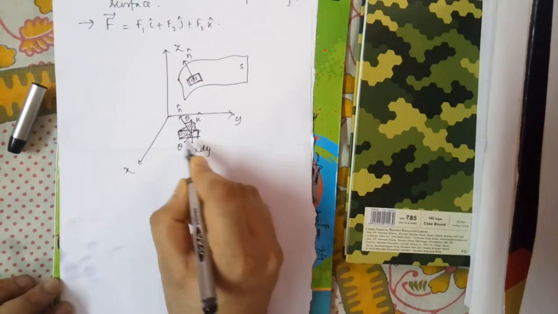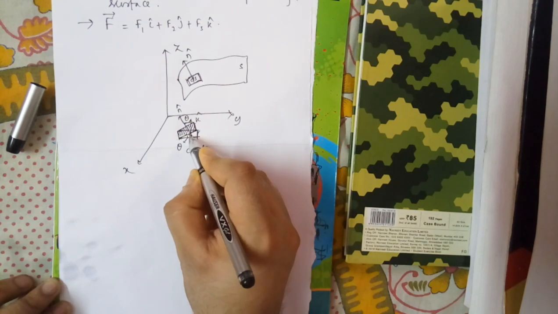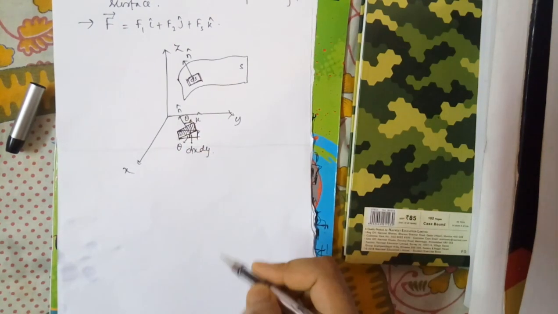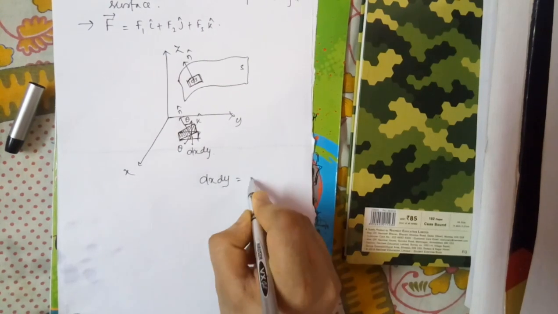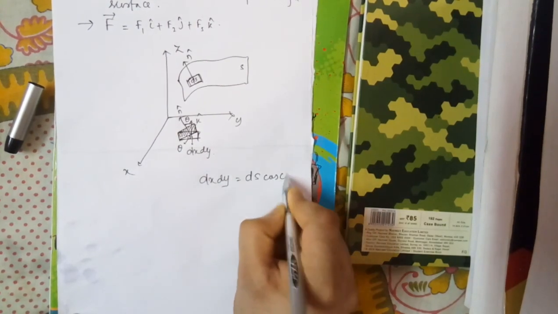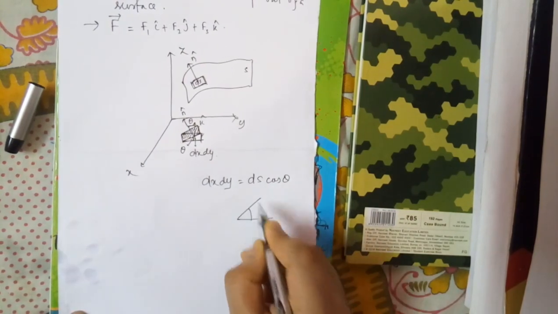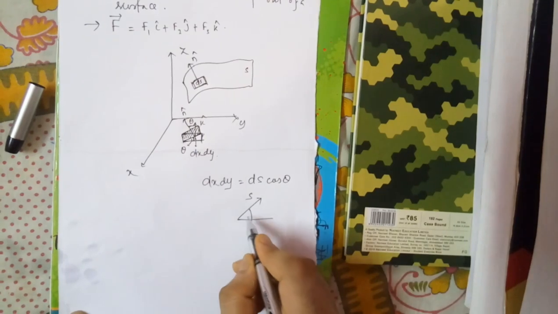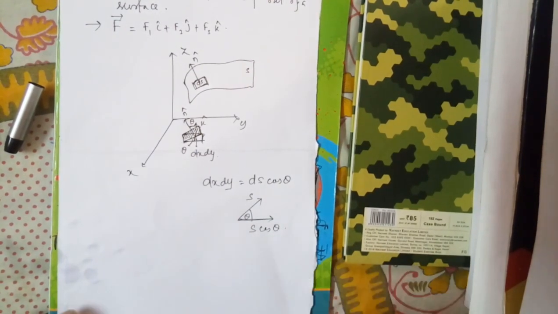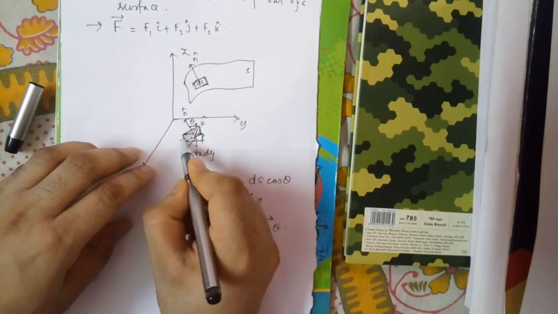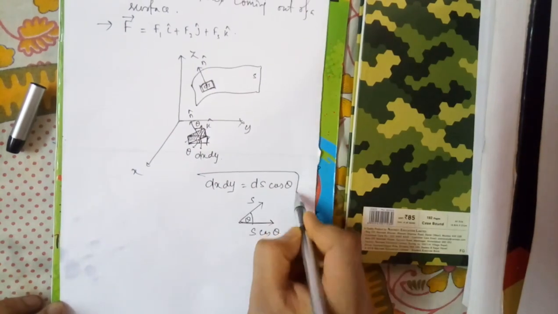Now we have a relation: dx dy equals dS cos theta. Why? This is simply like resolving in one direction. Suppose this is our S, this is theta, so this will be S cos theta. Similarly, this is dS, this is dx dy, so this is the relation between them.